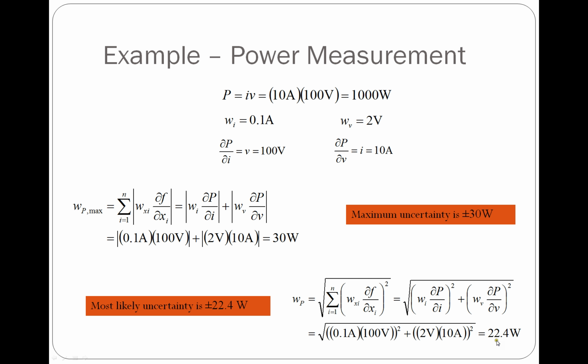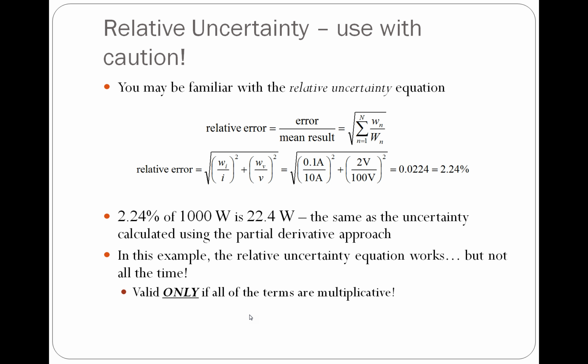And that's going to give us 22.4 watts as our most likely uncertainty estimate. So again, we would state the power measurement here as being 1,000 watts plus or minus 22.4 watts with 99.9% confidence.